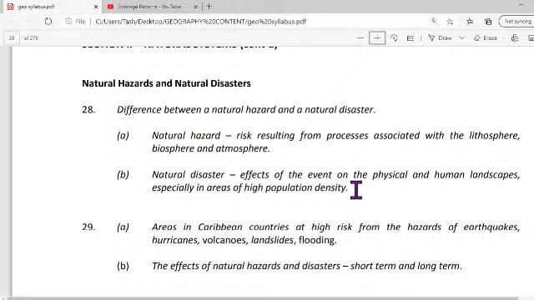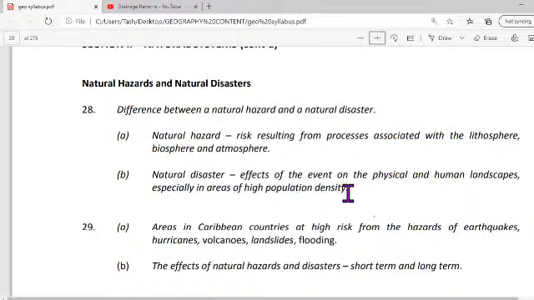So as a people, we tend to measure the effects of a disaster based on the amount of persons that died. So they will count up the death toll and say 100,000 people died. So that means it was very, very terrible. That would have been in an area of high population density.